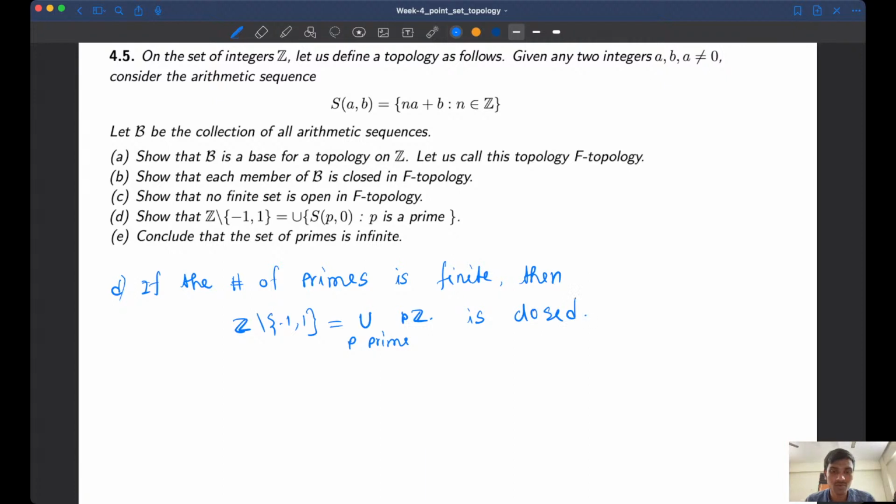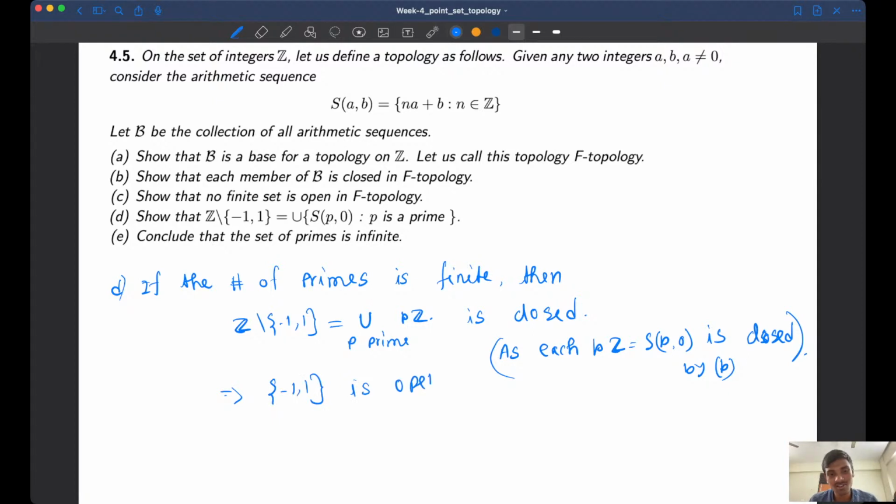If the union is over finitely many points, then it is closed, as each pZ is closed by part B. So its complement, Z minus this set, which is {-1, 1}, is open.